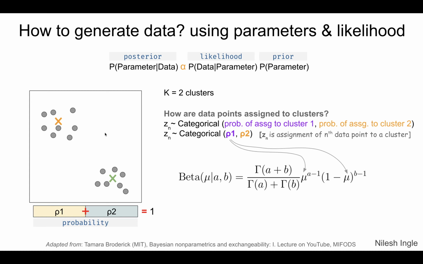So what that helps in doing is it helps assign a particular data point either to cluster A or cluster B, either to this cluster or that cluster, or in other words, we have the values of probability, so we can say to what extent a particular data point would belong to a cluster which is represented by orange or which is represented by the green X, right, shown here.